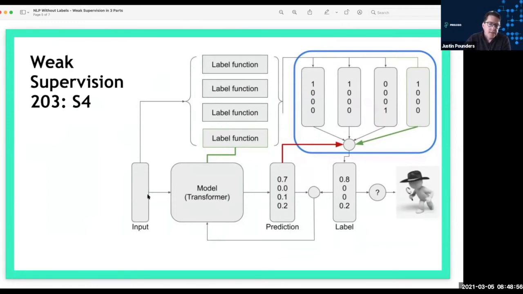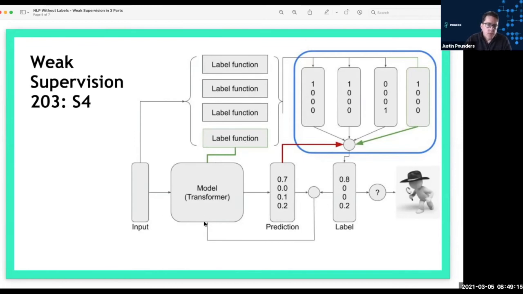So in other words, as the model is learning to predict classifications on sentences, it can look at its internal structure and propose new candidate label functions.